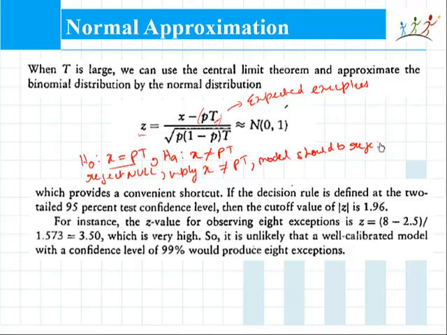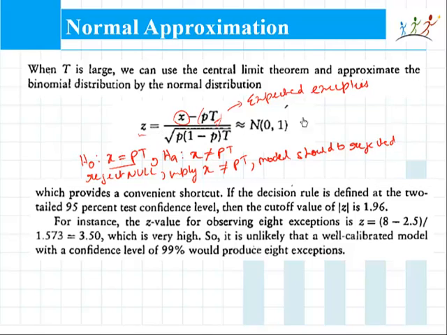In other words, if this value of X is too different from P into T, the expected exceedances, that means our model is incorrect and we may need to recalculate the VAR.